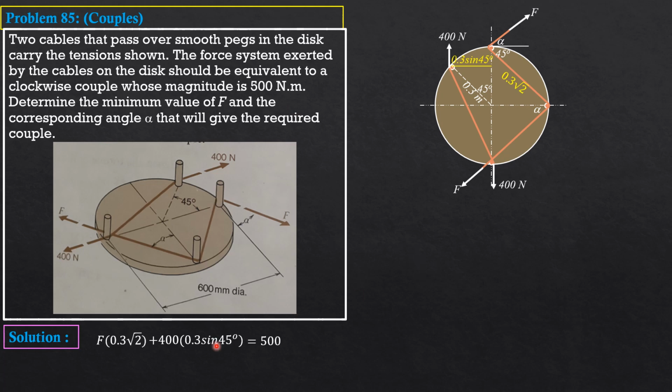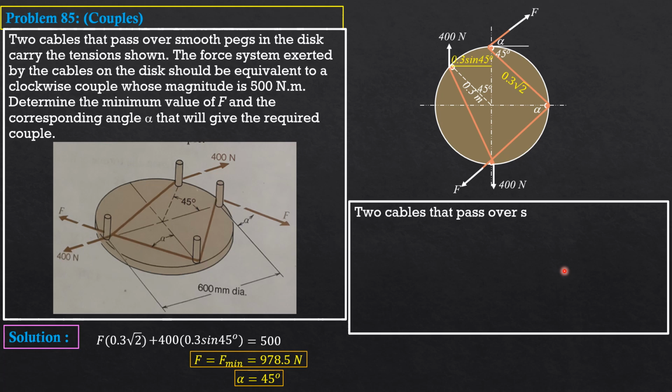So from there we can now compute the minimum F, and it is equal to 978.5 newtons, and the corresponding value of alpha, because this is 45, alpha should also be 45 degrees, so that 45 plus 45 is 90, and F is perpendicular to this moment arm or lever arm. So alpha equals 45 degrees.